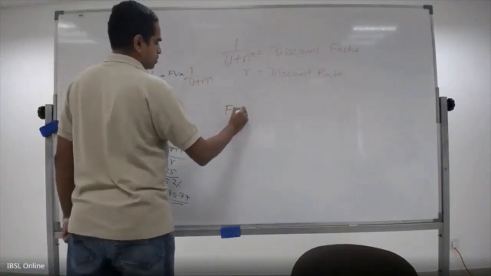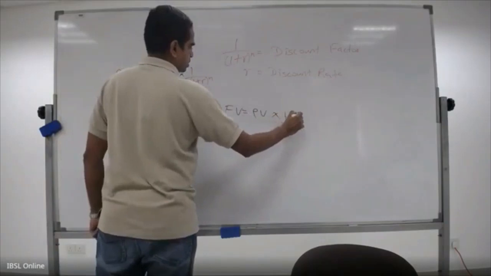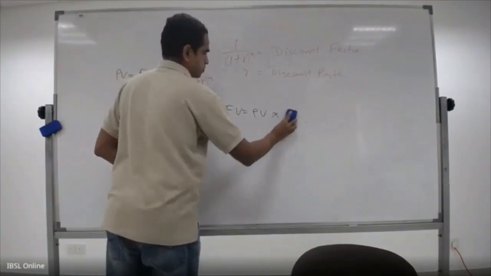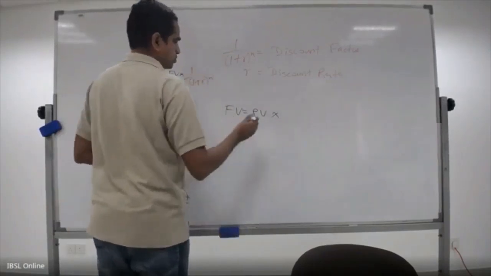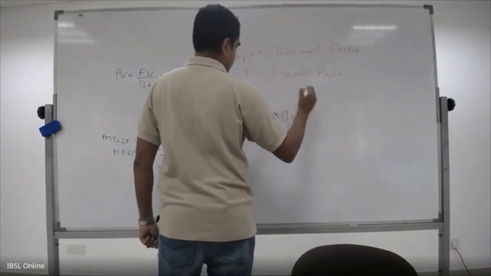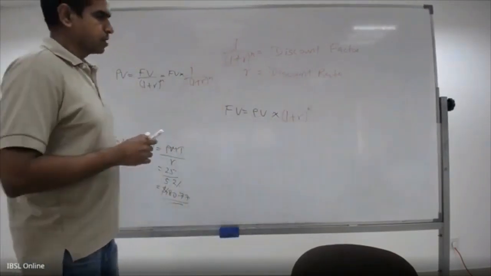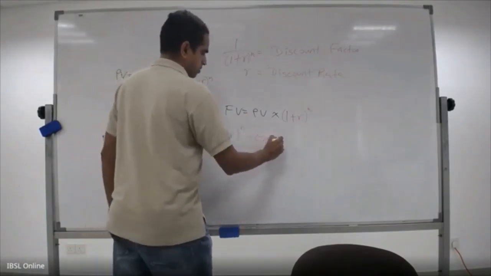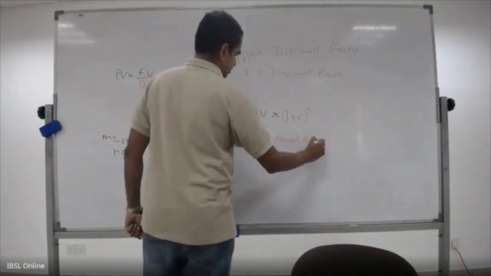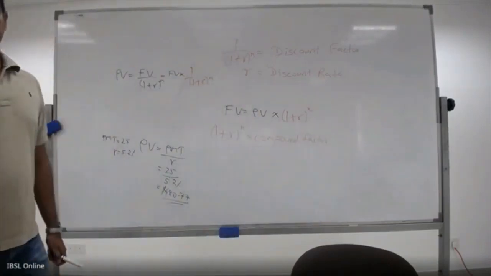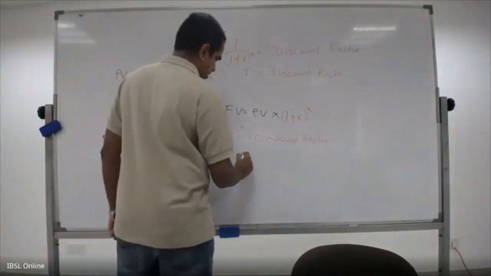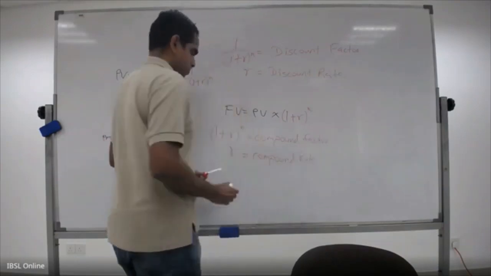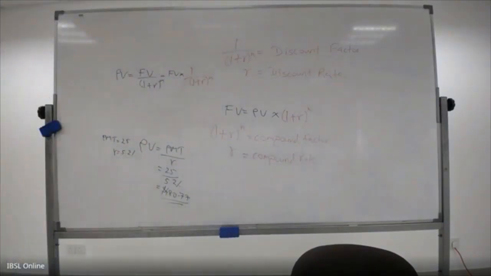On the other hand, future value is present value times 1 plus r to the power n. 1 plus r to the power n is called the compound factor. The r is the compound rate. Okay.